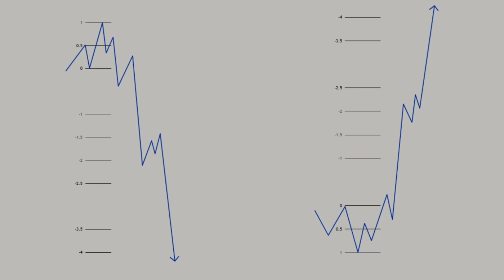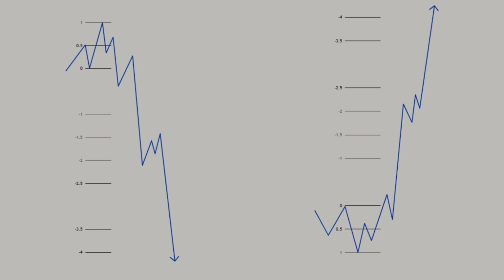In this picture, I'm showing you where to spot and draw your standard deviation tool. On the left-hand side, we have our 1, 0.5, and 0, and then the rest of our ranges: negative 1, negative 1.5, negative 2, negative 2.5, negative 3.5, and negative 4.